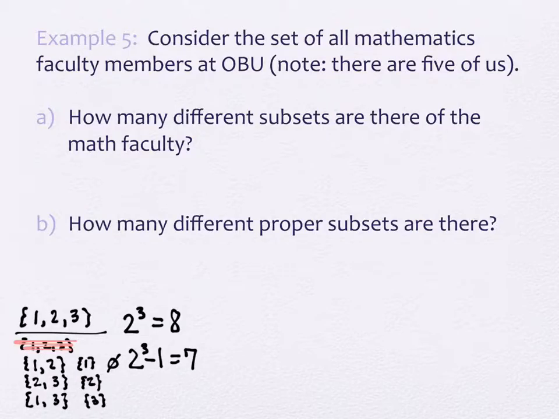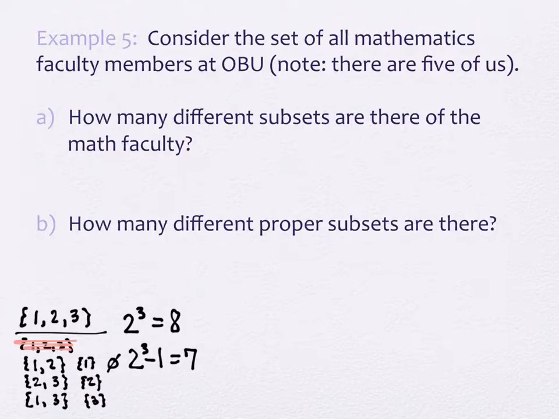5 math faculty. And it says how many different subsets are there of the math faculty? Smaller collections, equal collections, how many are there? I could write our 5 names, and then collect us all in groups of 1, groups of 2, groups of 3, groups of 4, groups of 5, and a group with nobody in it. Or I can use this formula.